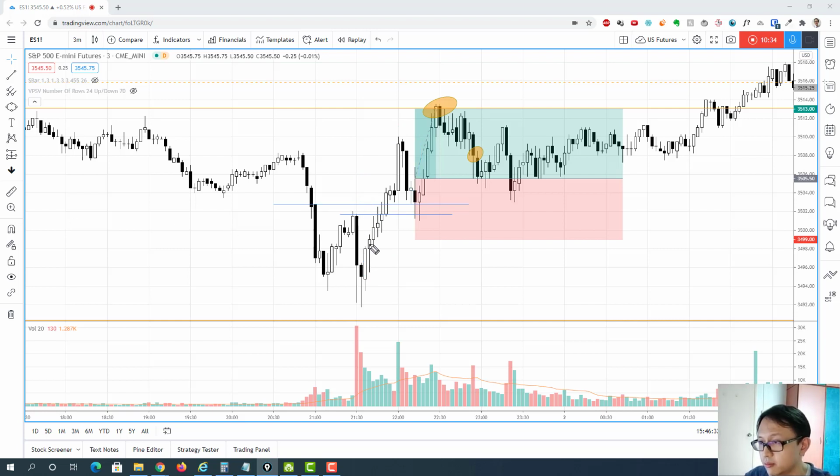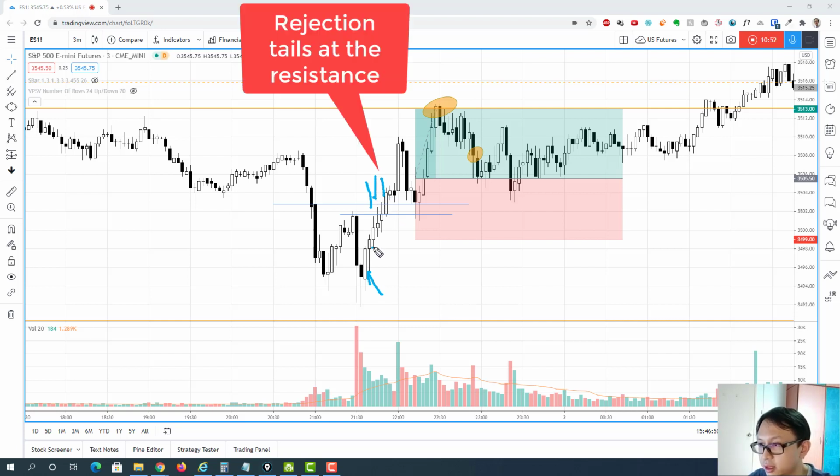Because at this point, if I enter right at the close of this bullish bar here, one of the scenarios could be showing rejection, like we see here. You see this 1, 2, and 3. So these 3 bars here presented some kind of rejection tail, suggesting that there's presence of supply.